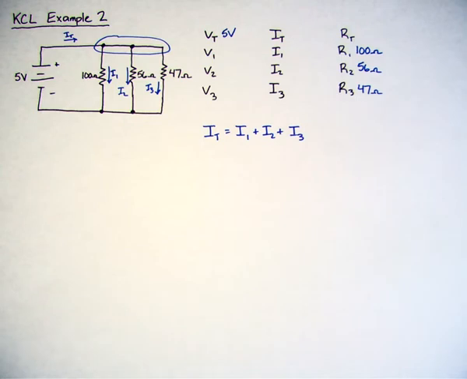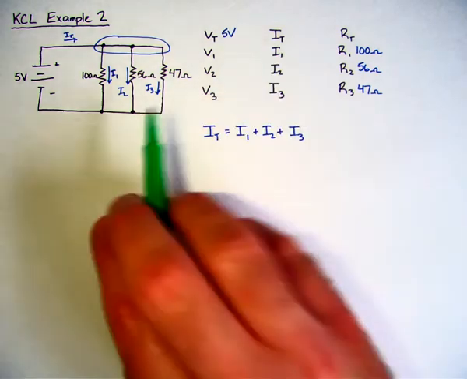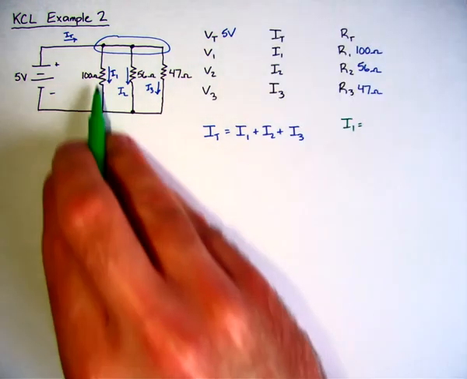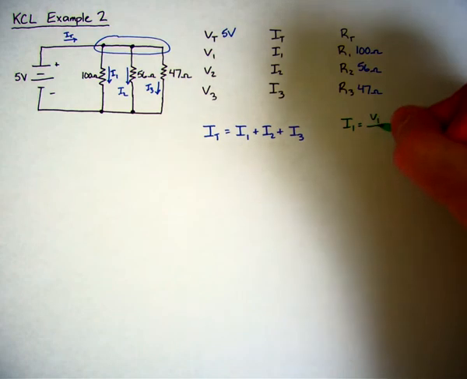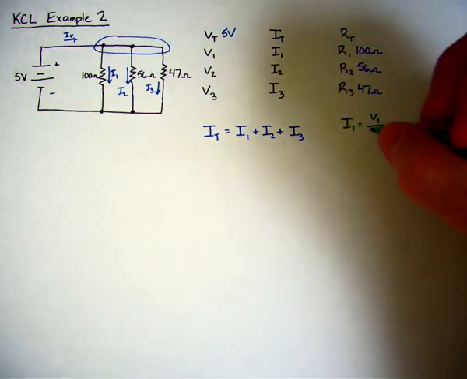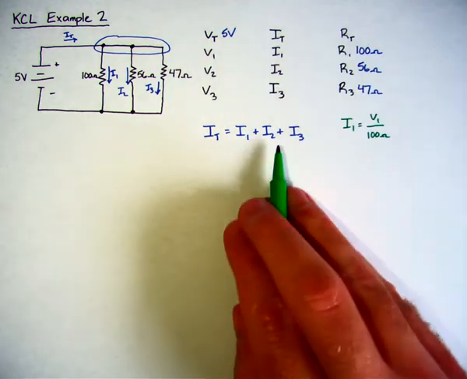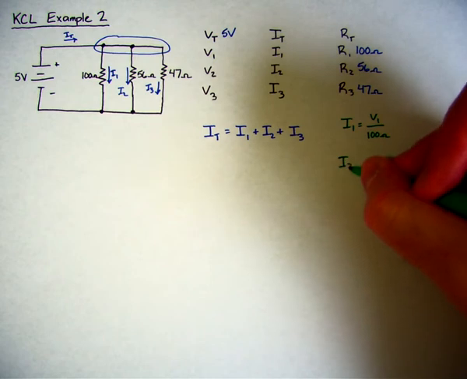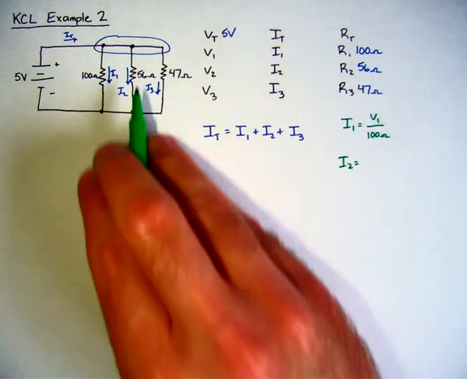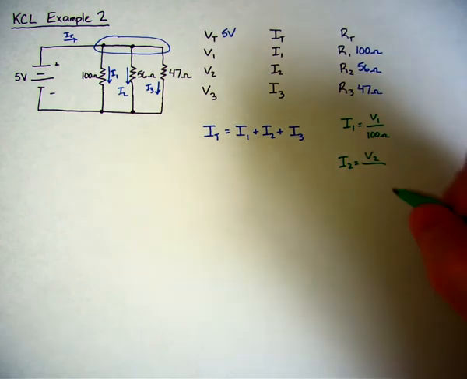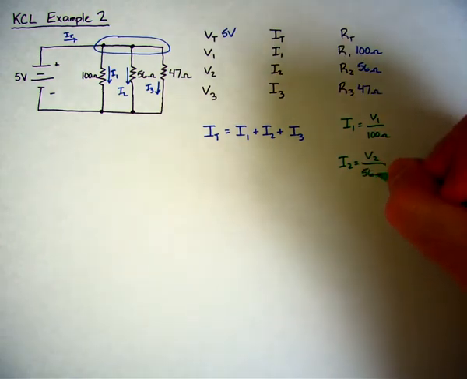However, what I'm going to do next is take a look at what that really means and break it down a little bit. Now for I1, the current I1 is equal to the voltage drop across it, so that's V1, divided by the resistance, 100 ohms. For I2, again just using Ohm's law, it's the voltage drop across that resistor divided by 56 ohms.